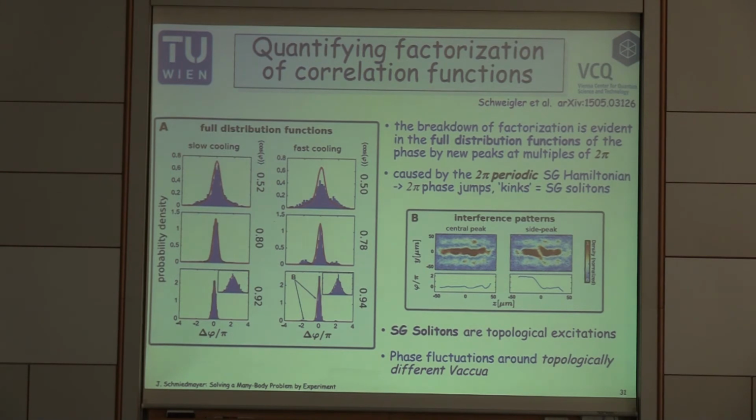What it means in the Sine-Gordon model is that you have this potential of the phase. If I plot the phase phi, and then have here my potential, maybe it looks like that. So usually, I would sit in here. But if I cool too fast, this is also a vacuum state.